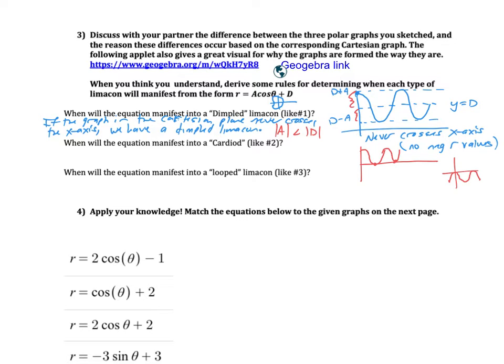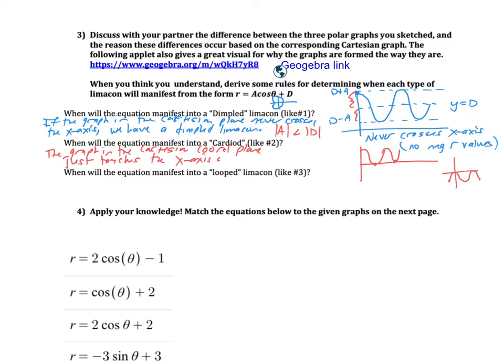So when will the equation manifest into a cardioid like number 2? That's going to happen when the graph in the Cartesian coordinate plane just touches the x-axis, but doesn't cross.